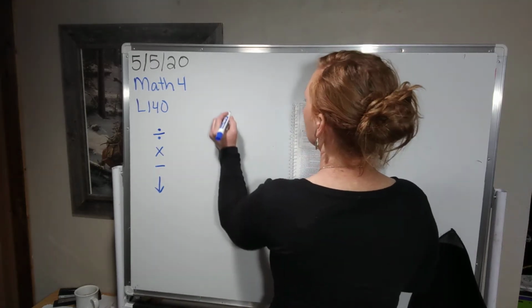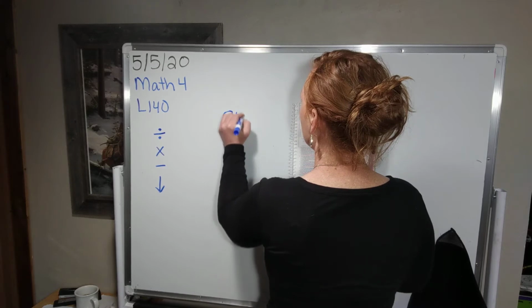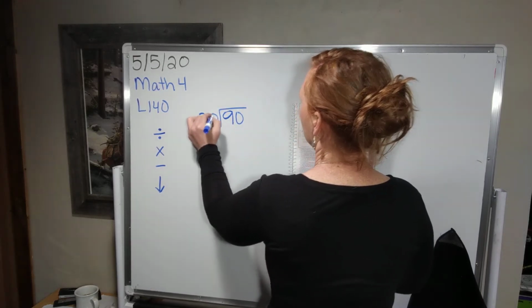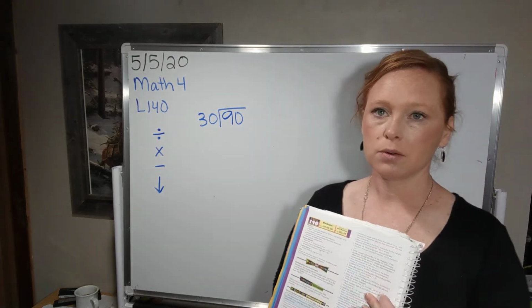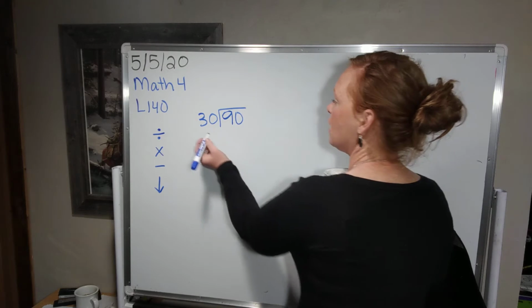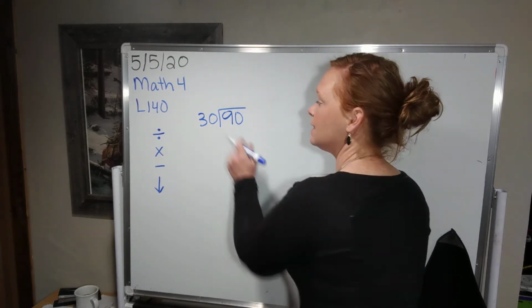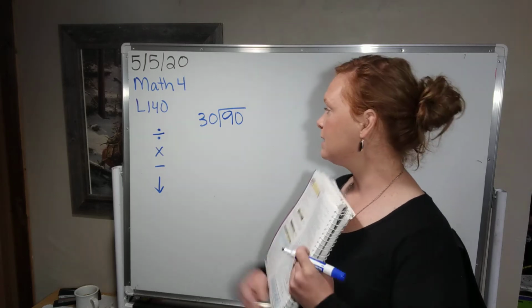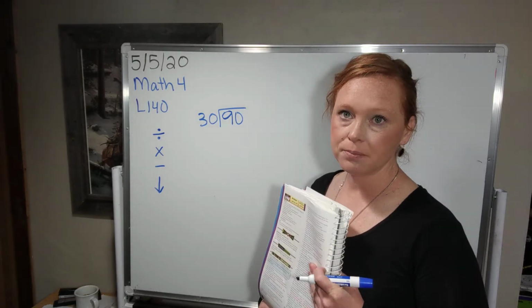And in the purple box you have this problem: 90 divided by 30. So when we look, we have to say, well, can 30 go into 9? No, because 30 is bigger than 9, right? So we can't say 9 divided by 30, okay?